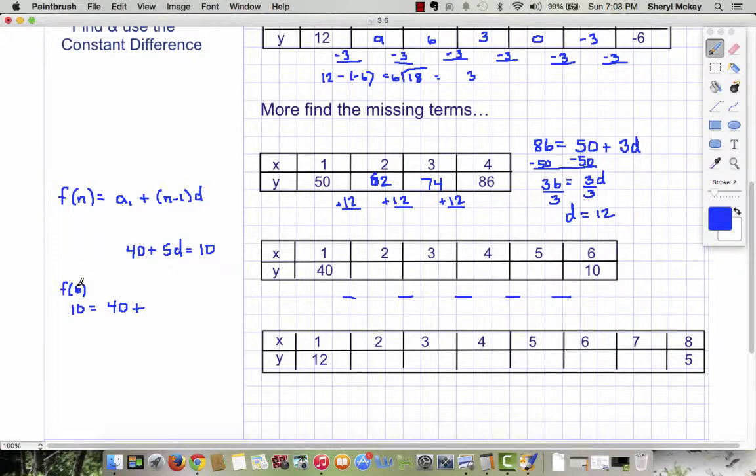F of n is 6, so the n is 6, so n minus 1, 6 minus 1 would be 5. So let me write it like this, 6 minus 1 times d. So now we have 10 equals 40 plus 5d. So it's really the exact same thing, and we didn't even have to figure out how many constant differences there were if we just know that it was n minus 1. So either way, we figured out that there were 5 constant differences, and now we can just solve.